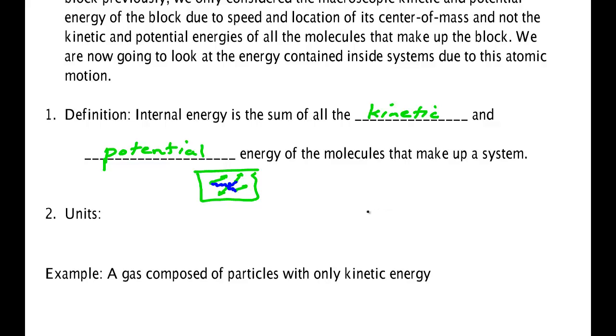We need to add up the energies of potential and kinetic that are going on inside of here. The units for measuring these things are the units of energy, so they're the joule. Later on, because these are such small energies, we'll learn other units, such as the electron volt.